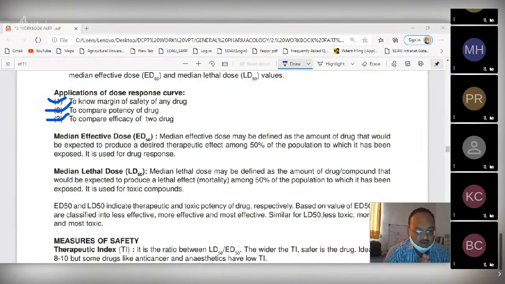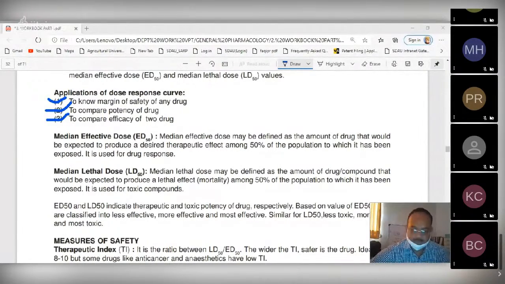Now, what do you mean by margin of safety? What do you mean by potency of the drug? And what do you mean by efficacy of the drug? Let us try to understand these three words first, and then we will see how this dose response relationship is able to measure the effect.